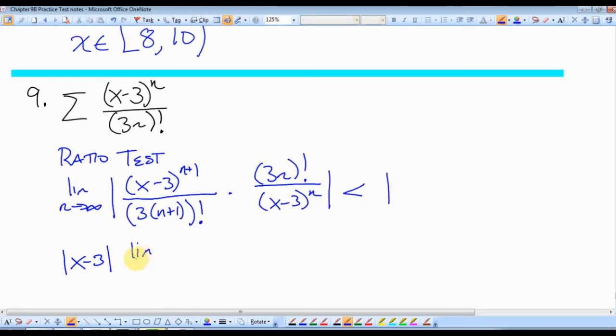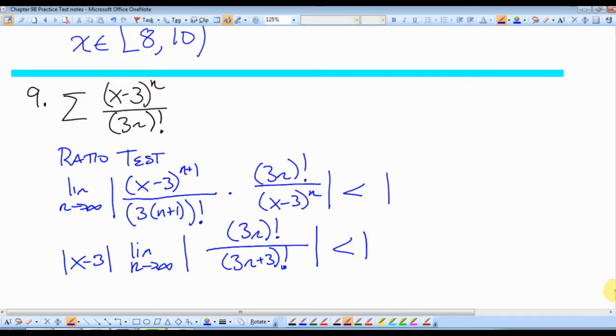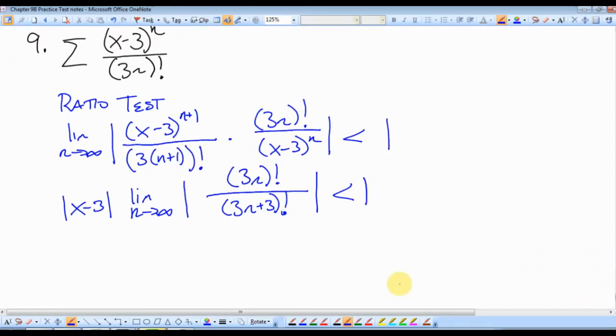And then this is peculiar. Okay, so this is 3n factorial over 3n plus 3 factorial. So we have to simplify that, right?